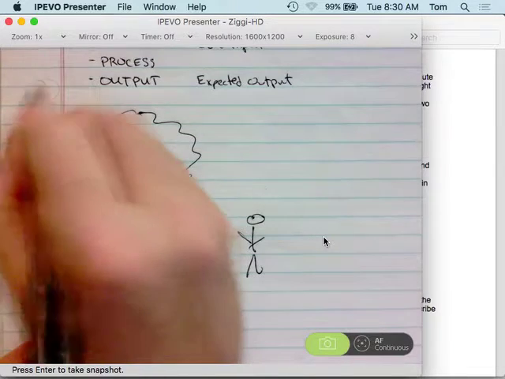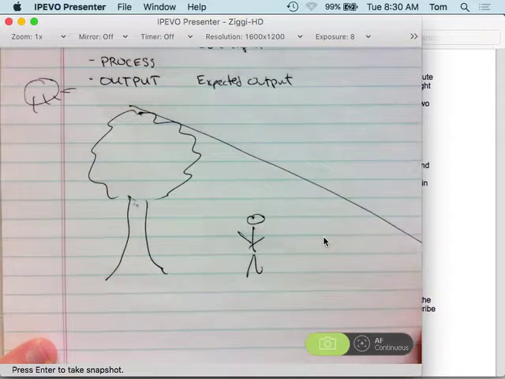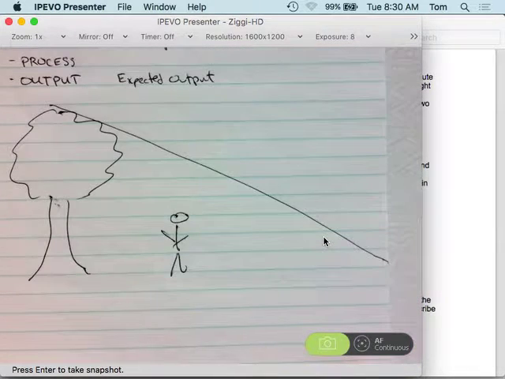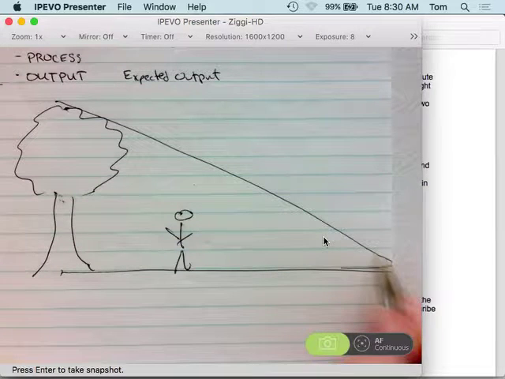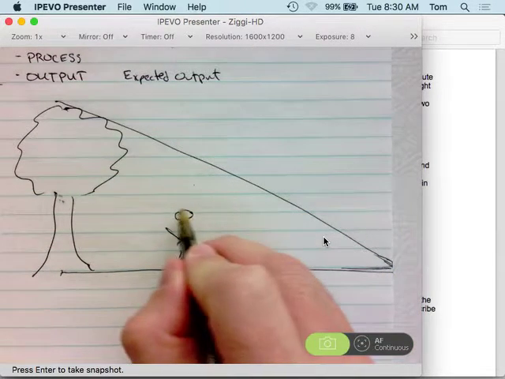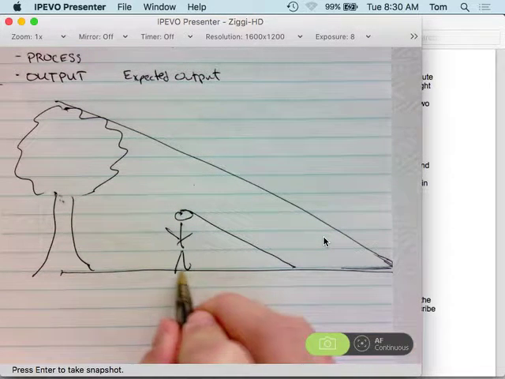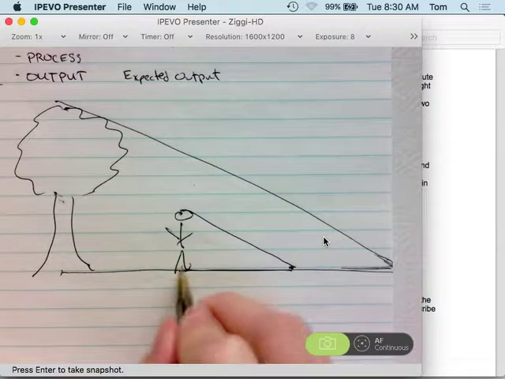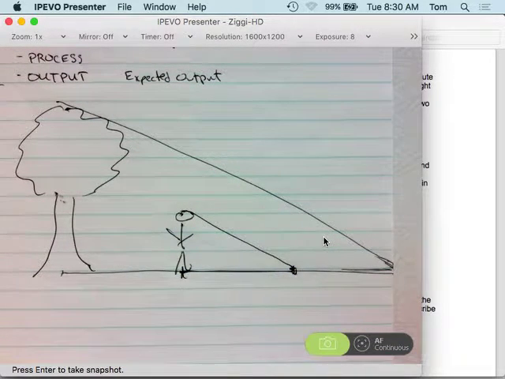But we do know that there's the sun, and it's casting a shadow, and we can measure how long that shadow is. We know how tall we are, and we can figure out how long our shadow is. And so we can use these similar triangles to figure out how tall the tree is.